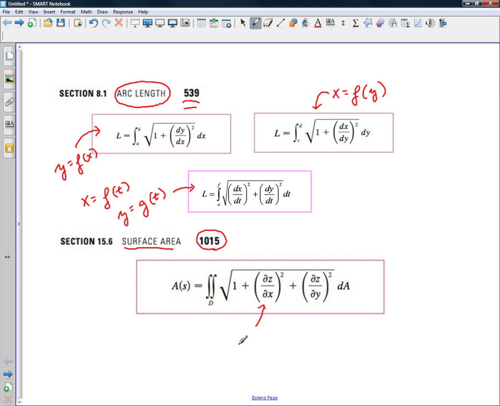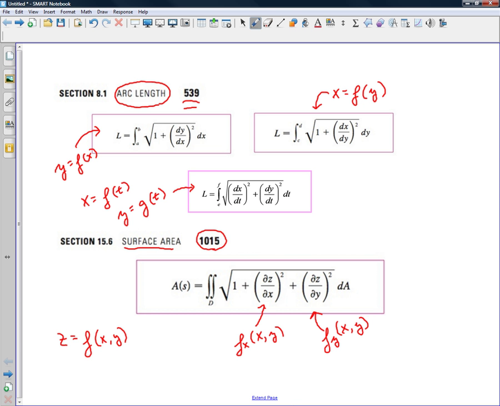So maybe we call this one the partial derivative with respect to x when we have some function in terms of x and y, and this is the partial derivative with respect to y. Or as these partials are stated, this is z as some function of x and y.